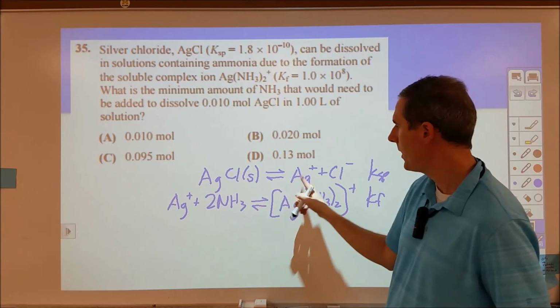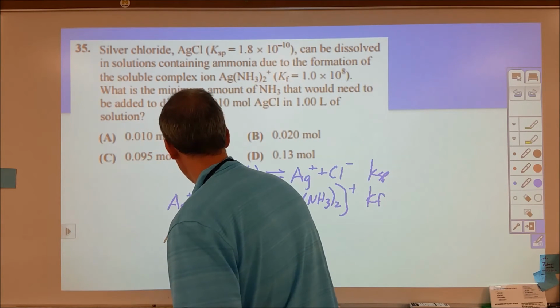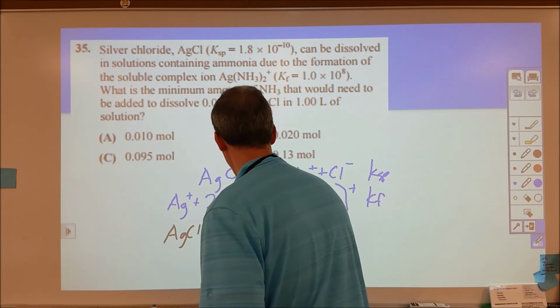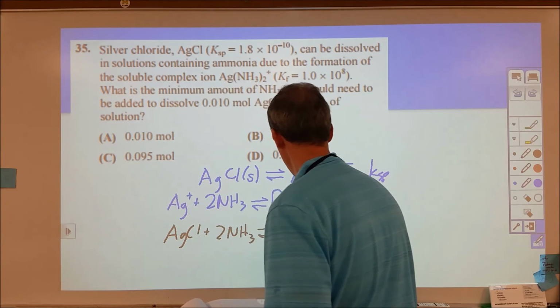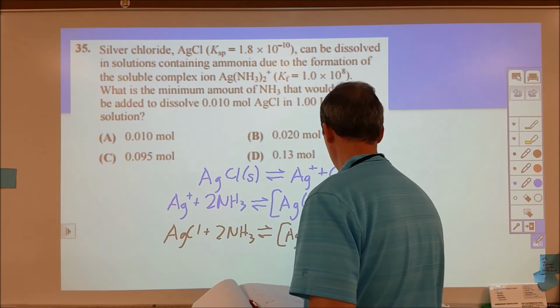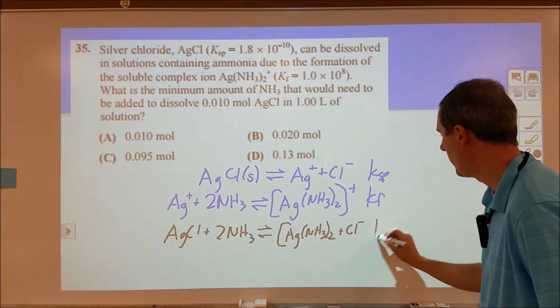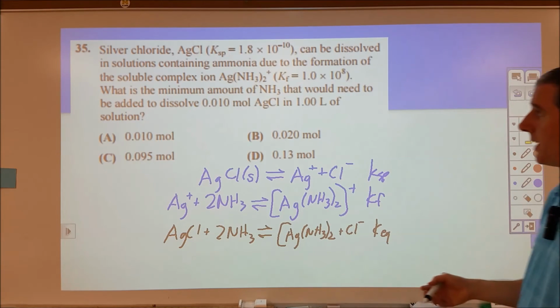Now when we add these two together, the silver ions are going to cancel. We're going to be left with this, the silver chloride dissolving in ammonia. So we want to know what the K of that is so we can do some analysis.